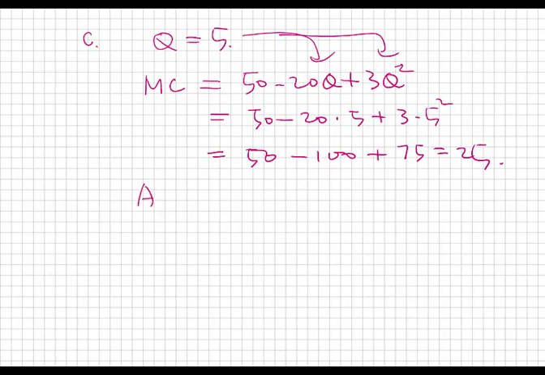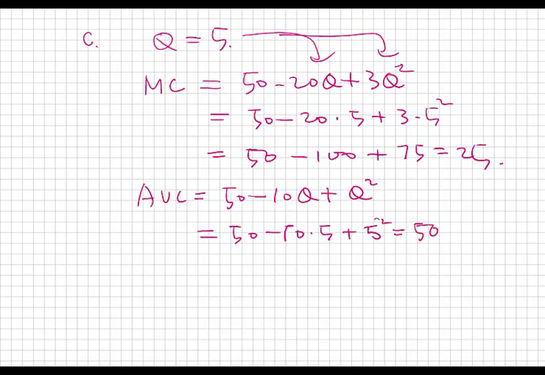What about average variable cost, which we found as 50 minus 10Q plus Q squared in question B? Plug in Q equals 5. We have 10 multiplied by 5, and 5 squared. Again, this is 50 minus 50 plus 25, so it gives you 25.